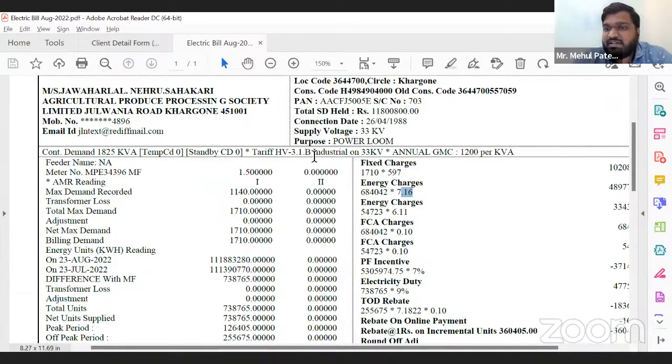As I was mentioning, there are three categories: residential, commercial, industrial. This customer lies under the industrial category, as mentioned over here. The other thing we saw was whether it is a high voltage connection or an LT connection. It is an HV connection.